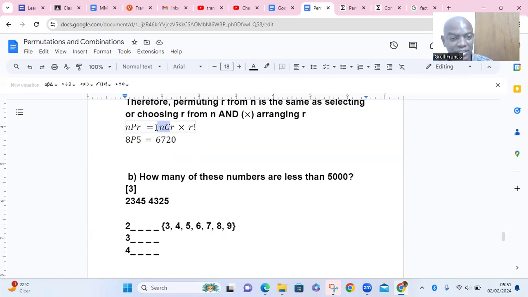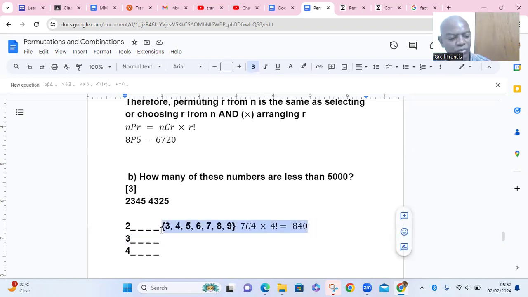So basically, we are going to select 4 from 7. That's 840.